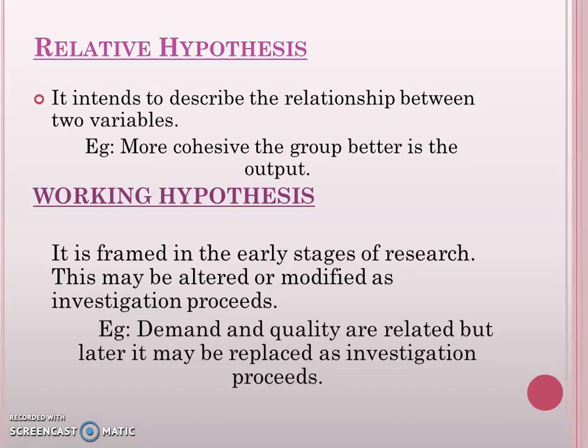For example, demand and quality are related, but later it may be replaced as the investigation proceeds. In the beginning stage, we state this kind of statement, but later maybe some other variables can be added to our study. Then we can expand our hypothesis. That is what the working hypothesis is all about.